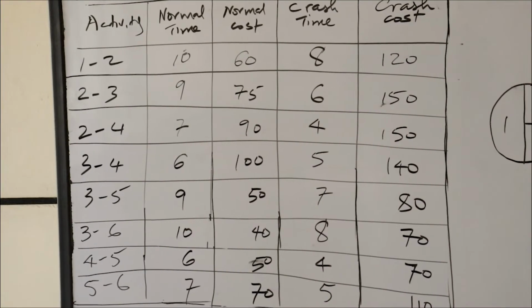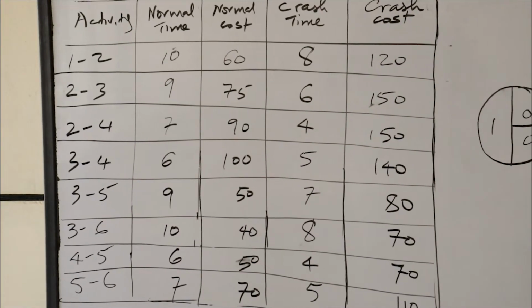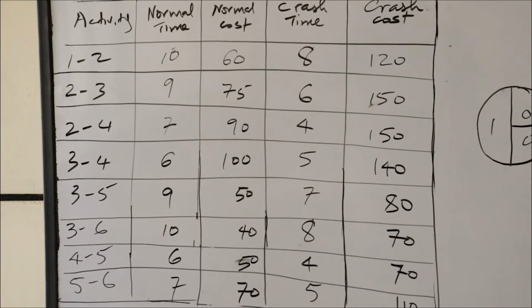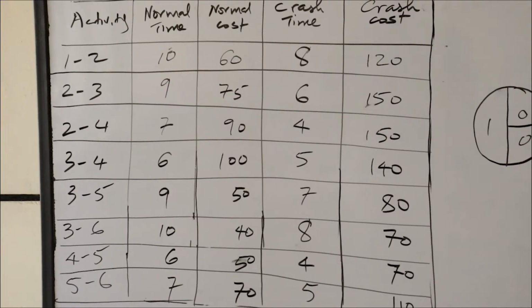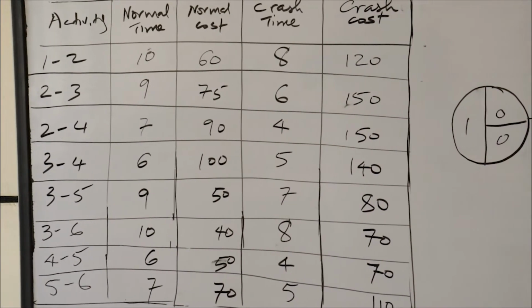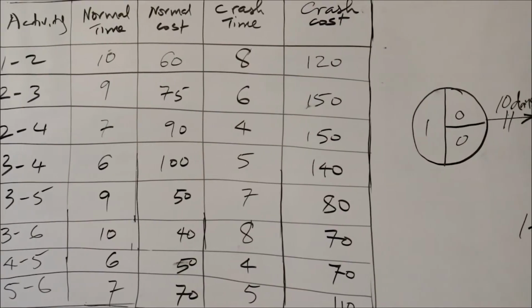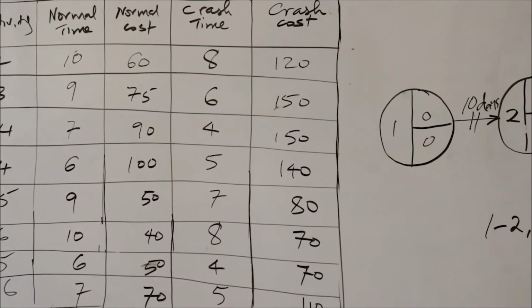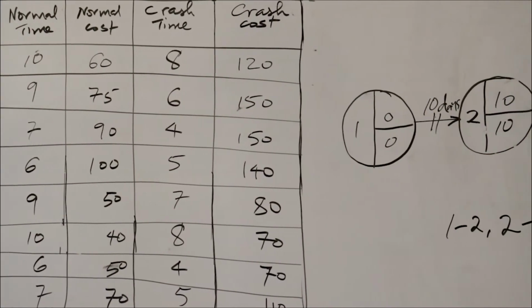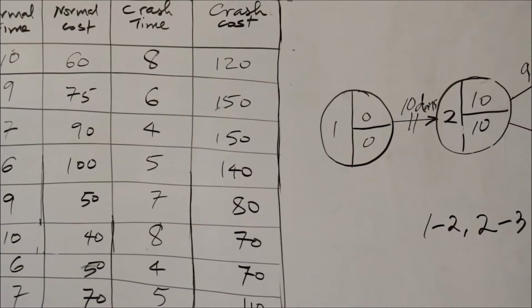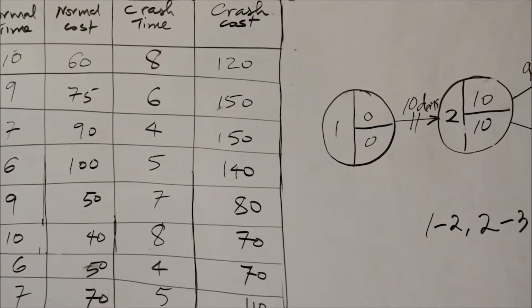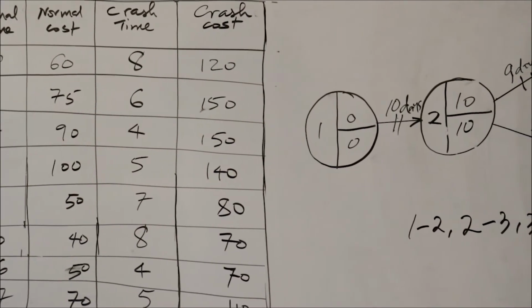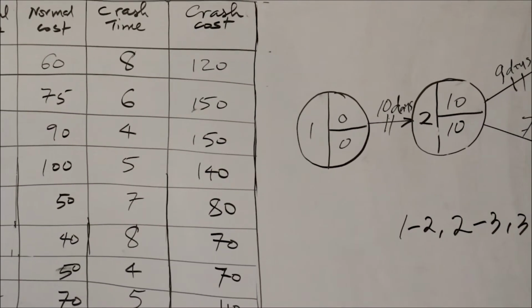Then we move to activity 2 to 4. That is, the cost slope is 150 minus 90 all over 7 minus 4.